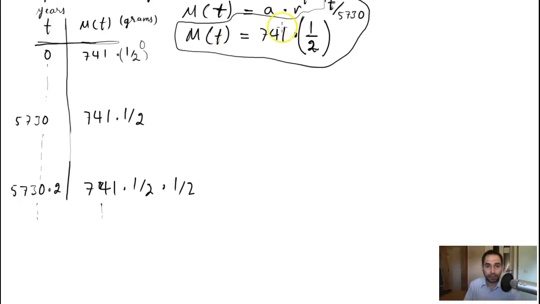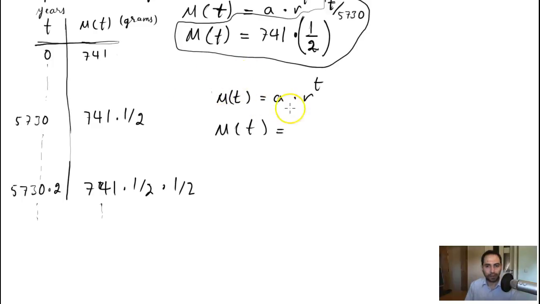What happens here is that you have the same general form of an exponential function, which is m of t is equal to a times r raised to the power t. So m of t is equal to a, which is your initial value of your function.